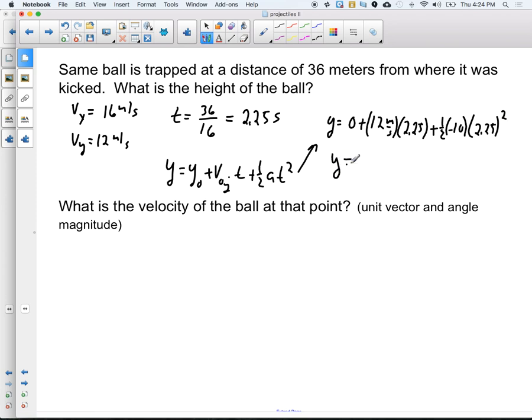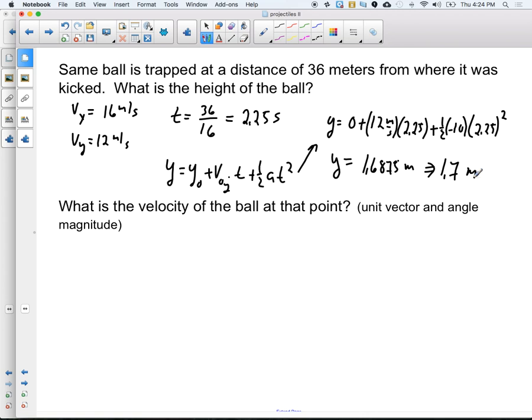If I do that all out, I find that the ball ends up having a height when it gets received of 1.6875 meters. Clearly, I would write that as 1.7 meters, but I wanted to give you the numbers that I had.